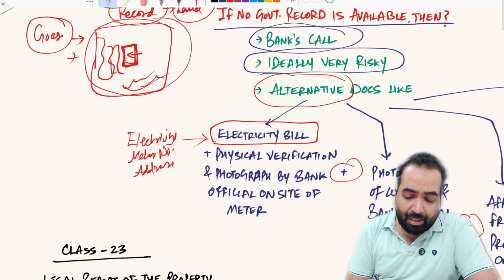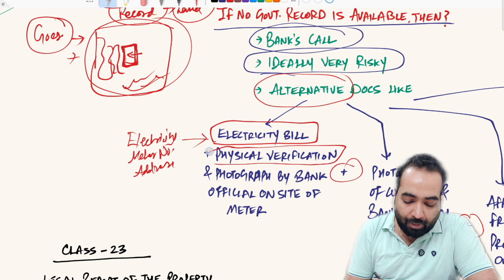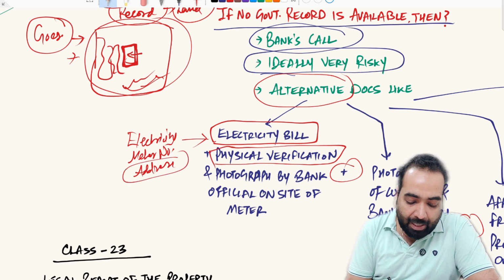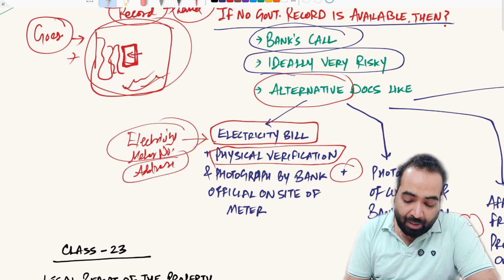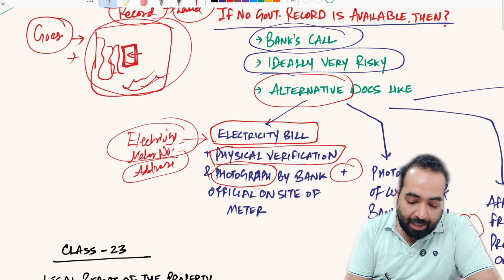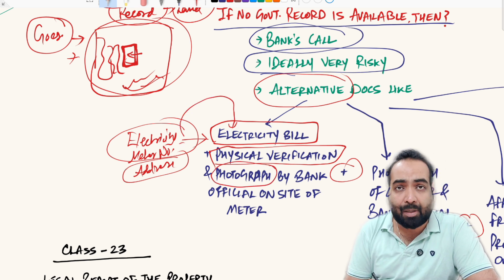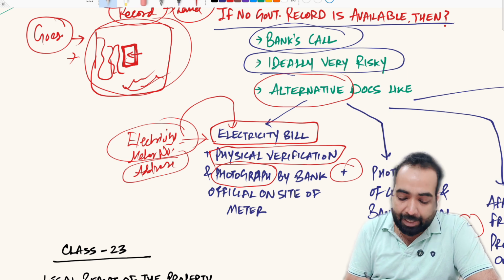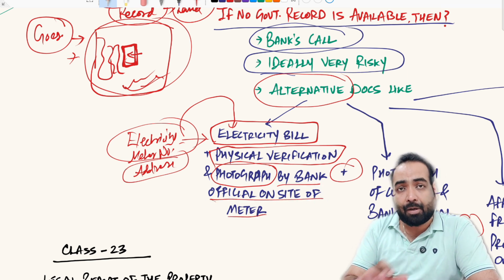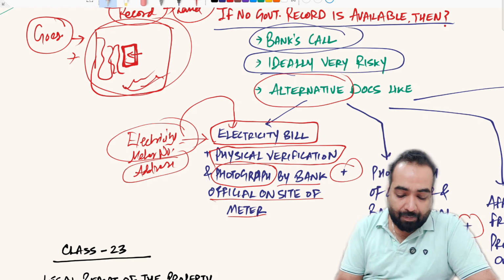Then the official bank employee goes physically to the site and does the physical verification of the address mentioned in the electricity bill and the electricity meter number. He takes a photograph of the electricity meter physically at site and compares the meter number with the electricity bill, which both should tally, and that photograph is attached in the final file document, right?